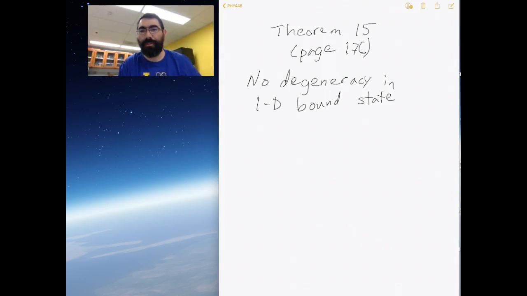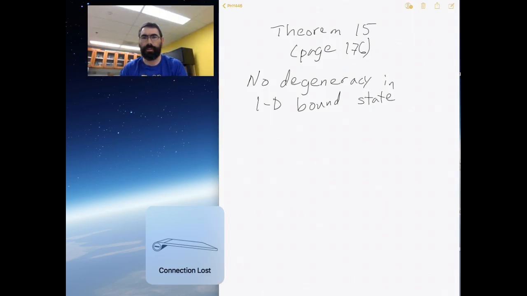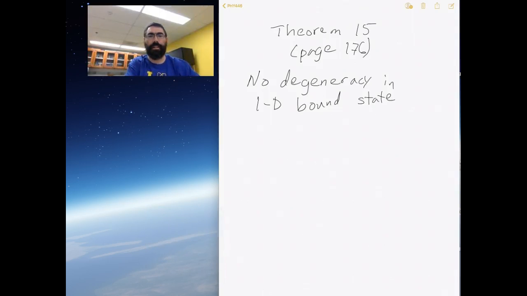Basically that's it. If we have a case like the infinite square well or the finite square well, then in those cases there shouldn't be any degeneracies in the energy levels.